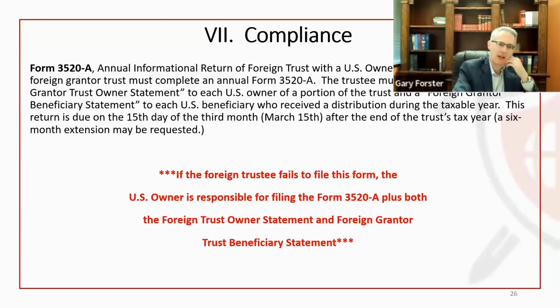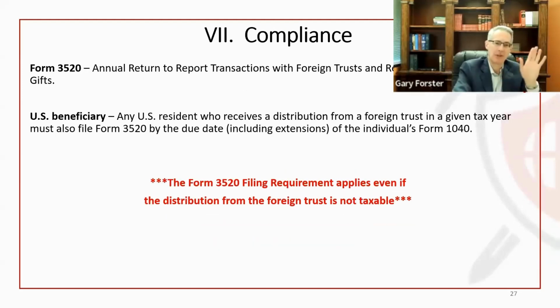Here's the idea here where the foreign grantor, the beneficiary statement, all these things have to match up. Some of the due dates differ. You really have to have an international CPA do this. It's a little bit of an expense, but I got to tell you, if you don't do it, you get all kinds of problems. I've seen actually people give up their foreign assets just because of the penalties and interest.